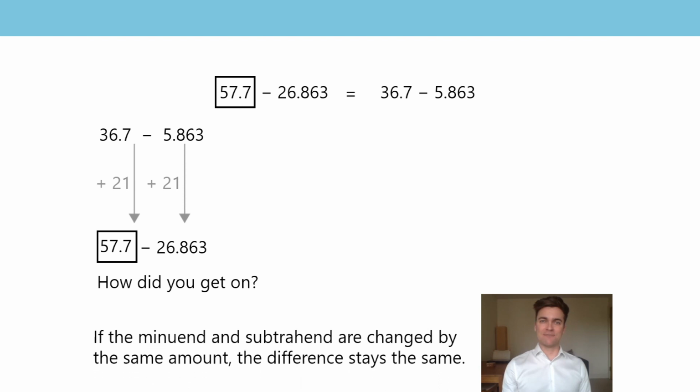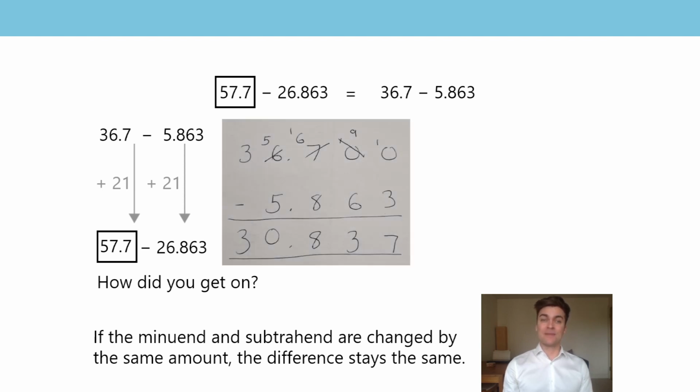Give this sentence a read aloud with me on 3. 1, 2, 3. If the minuend and subtrahend are changed by the same amount, the difference stays the same. Now, perhaps you solved it in a different way. And I've got some jottings to show you on my written subtraction actually that also can be used.